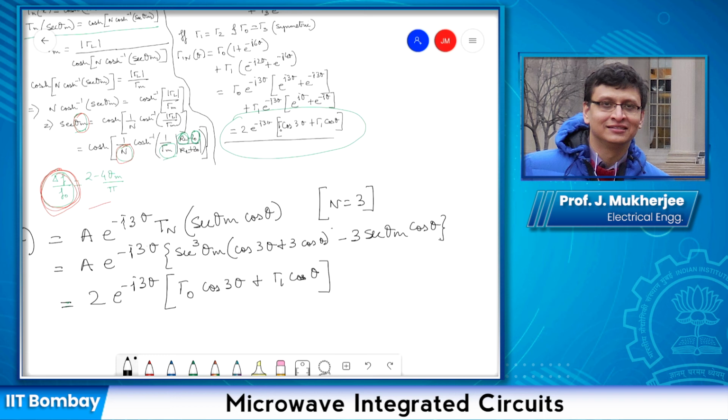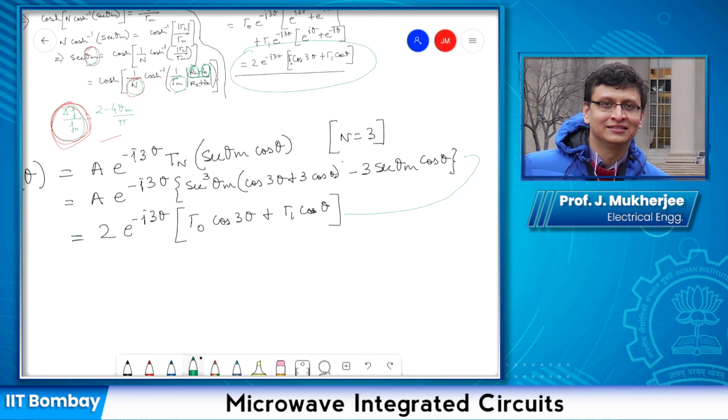So now comparing these two equations, this one and this one, what do we see? Let's see the coefficient of cos 3 theta here and the coefficient of cos 3 theta here.